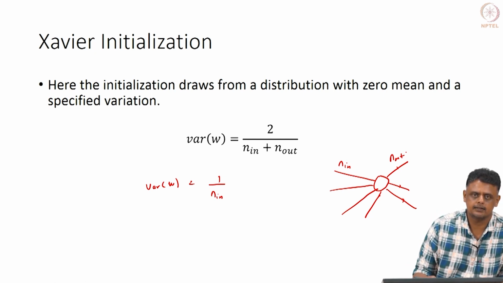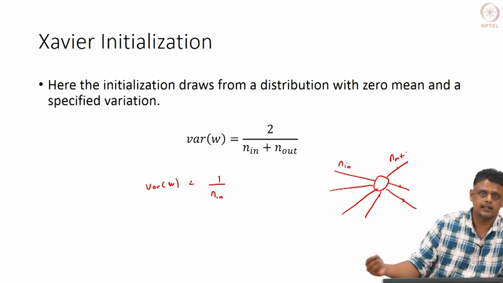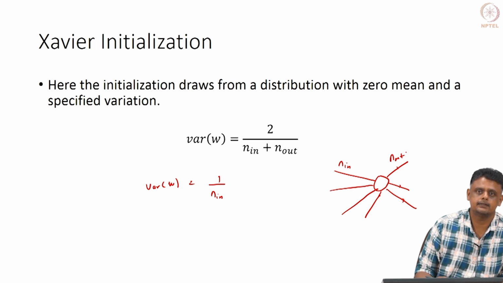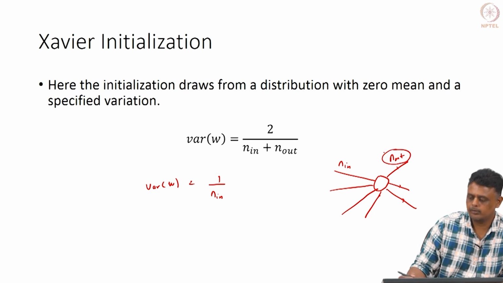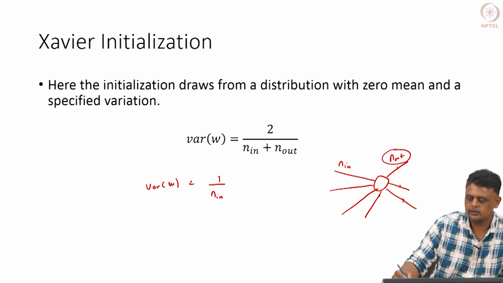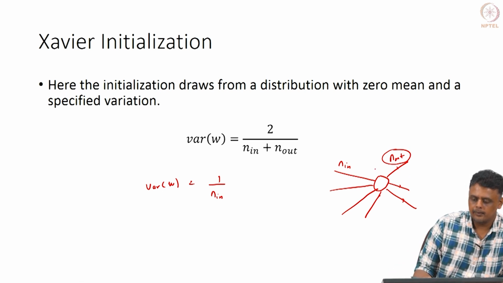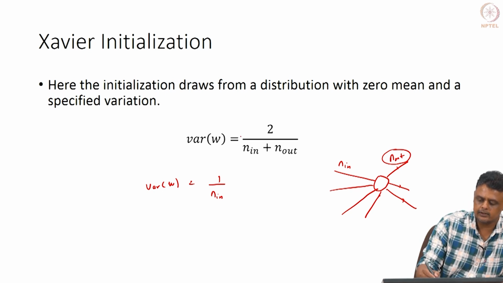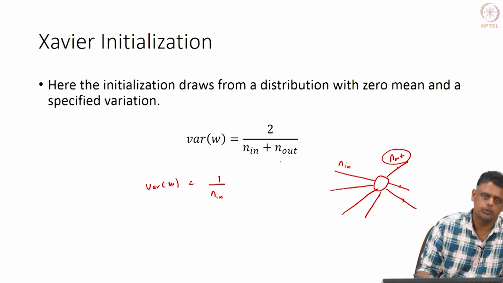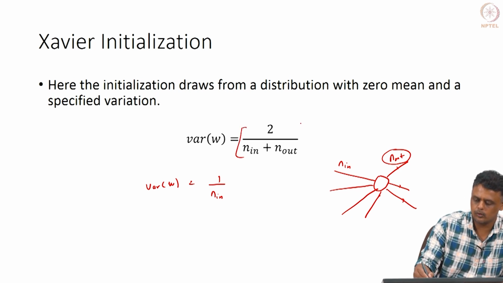It turns out that if you consider the backward pass, that is when you are doing back propagation and you want to preserve gradients, then you have to consider this number also, right, because the gradients feed into each of these neurons from n_out number of neurons, right. So, what Xavier initialization does, based on the author of the paper who proposed it, is to make sure that the variance of w is scaled by the average of n_in and n_out. So, which means 2 over n_in plus n_out.